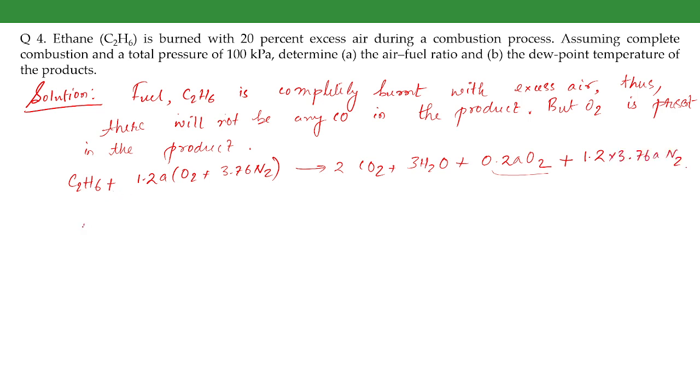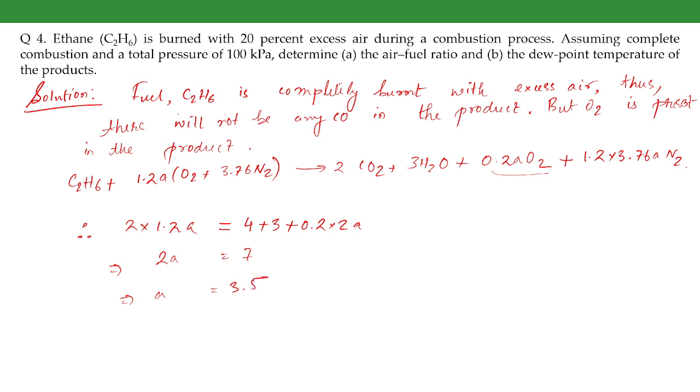Now by mass balance we can write 2 into 1.2 A is equal to 4 plus 3 plus 0.2 into 2 A, that is 2A is equal to 7, or A is equal to 3.5.